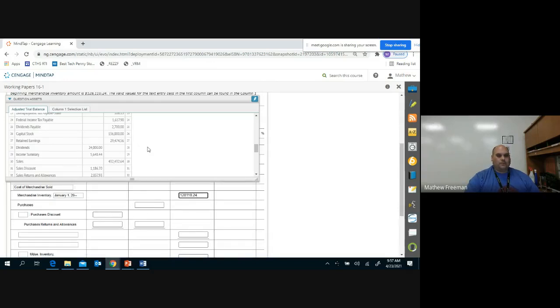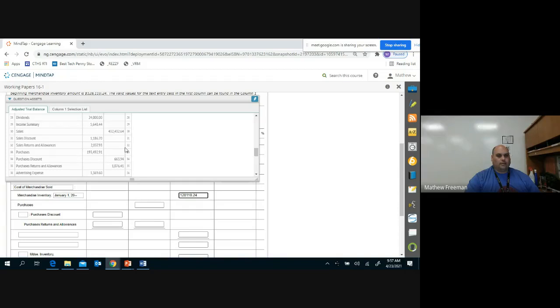So now we have to go through and so we have our purchases here. We purchased $193,492.91. We have to take away our purchase discounts and our allowance. And then make sure we add these.